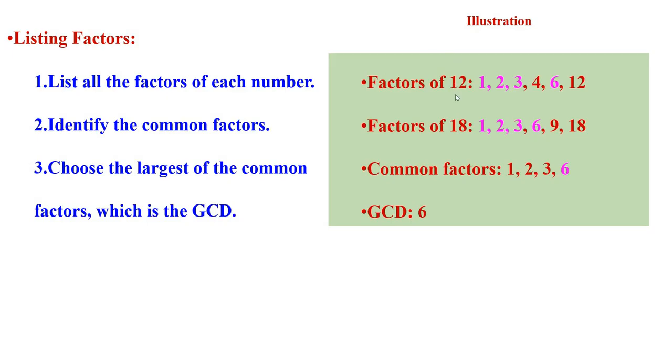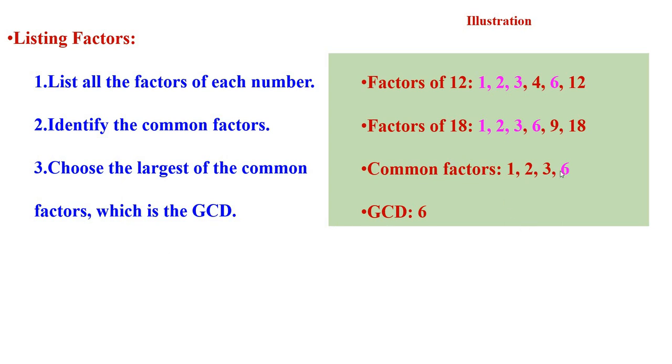In this case, 12 and 18, for example, are considered. Here is the method. List all the factors of each number. For both numbers, you list the factors. Identify the common factors, and choose the largest of the common factors. That is the GCD.